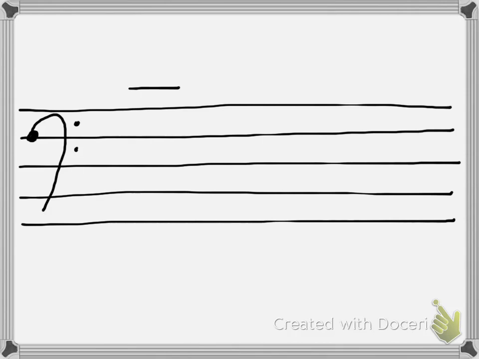We have good, boys, do, fine, always. So we know this is A right there. And then the musical alphabet goes from A to G and continues on. So after A we have B, and then after B we have C. So if we had a note right here on this line, that note would be C.